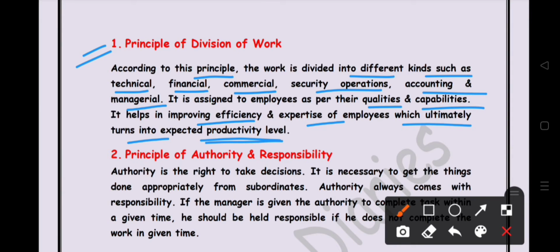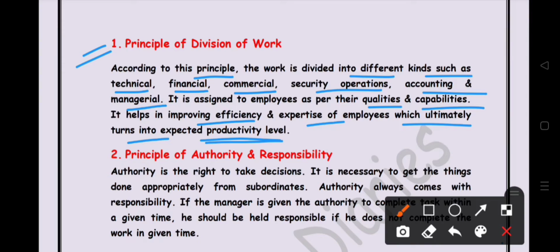As we are aware, in any kind of organization we will find many departments, like some departments are working in the technical background, the IT department, some are handling the financial activities, some are working in human resources activities, some are engaged with security operations.